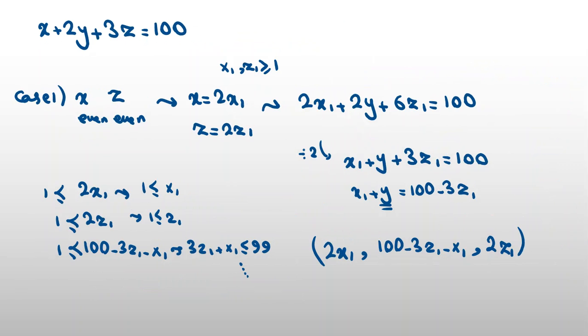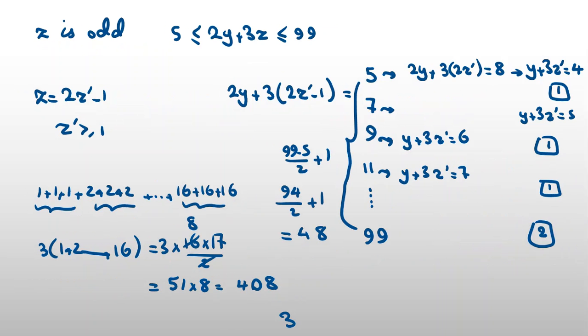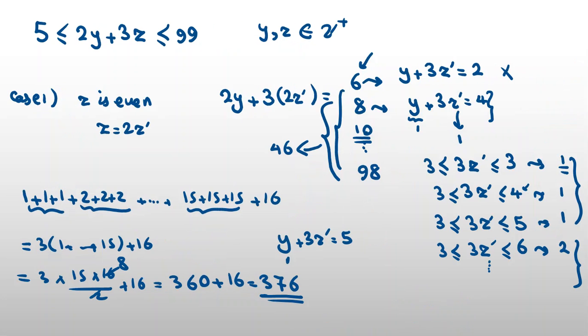The next one, 376 plus 408. 8 plus 6, 14. We have 1. It will be 784. So we found the number of answers that is equal to 784. Okay. Do it also for the homework I said.